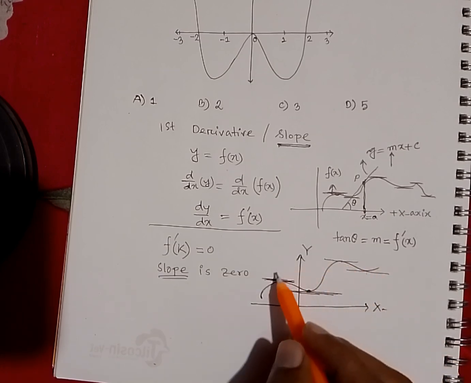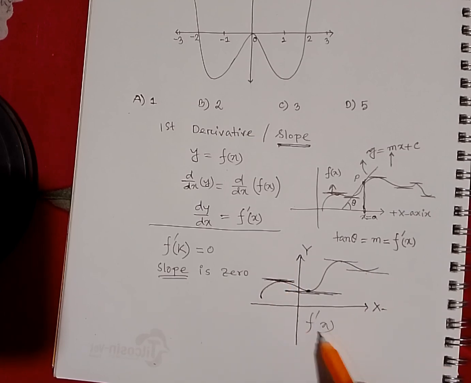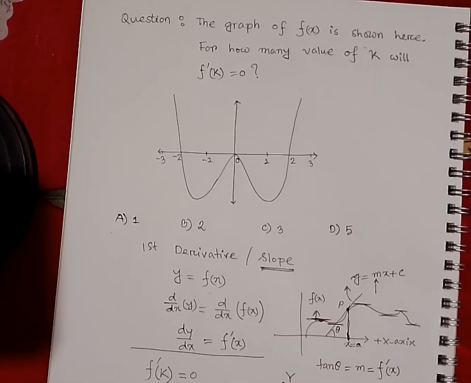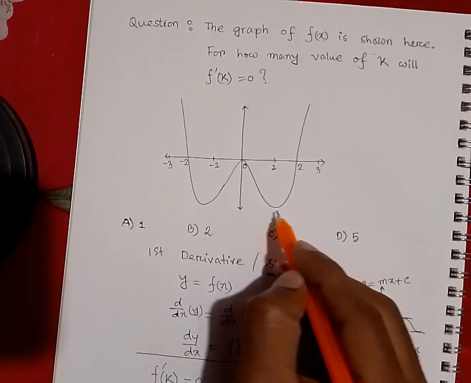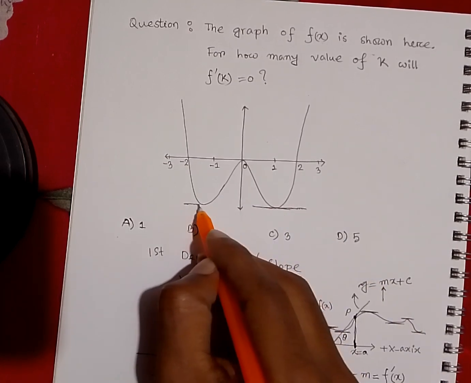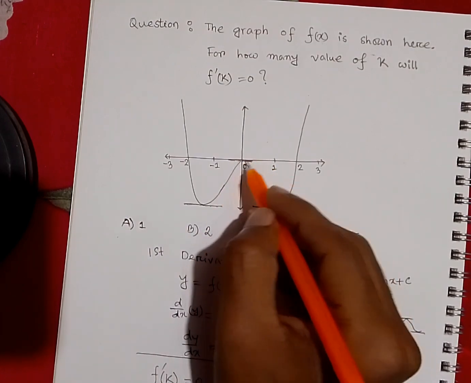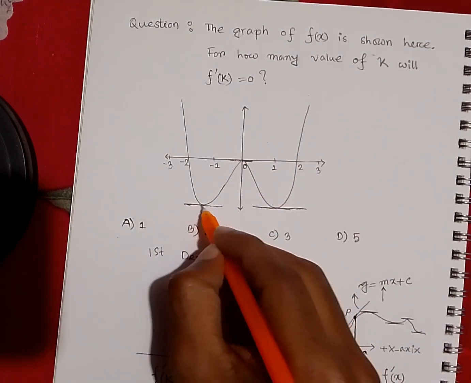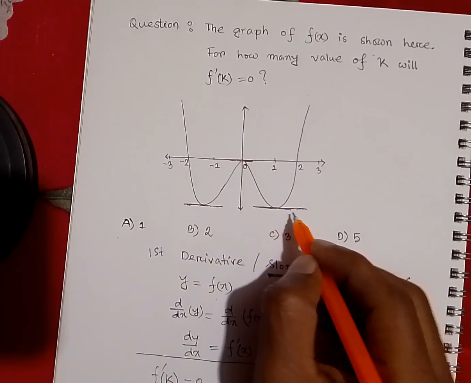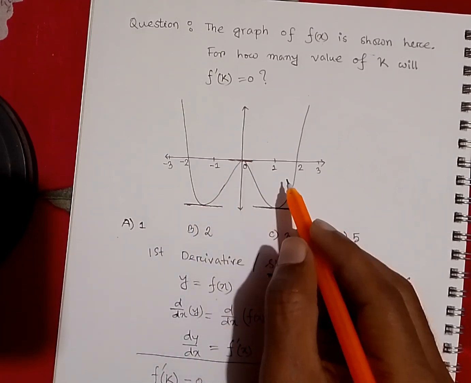That means here you have four points of x such that f dash of x is equal to 0. So in this question I have a straight line which is parallel to the x-axis, and here also a straight line, and here also a straight line parallel to the x-axis, and this is nothing but the x-axis. So you have 1, 2 and 3 such straight lines which are parallel to the x-axis and touch the curve. So you have 3 points here on the curve.